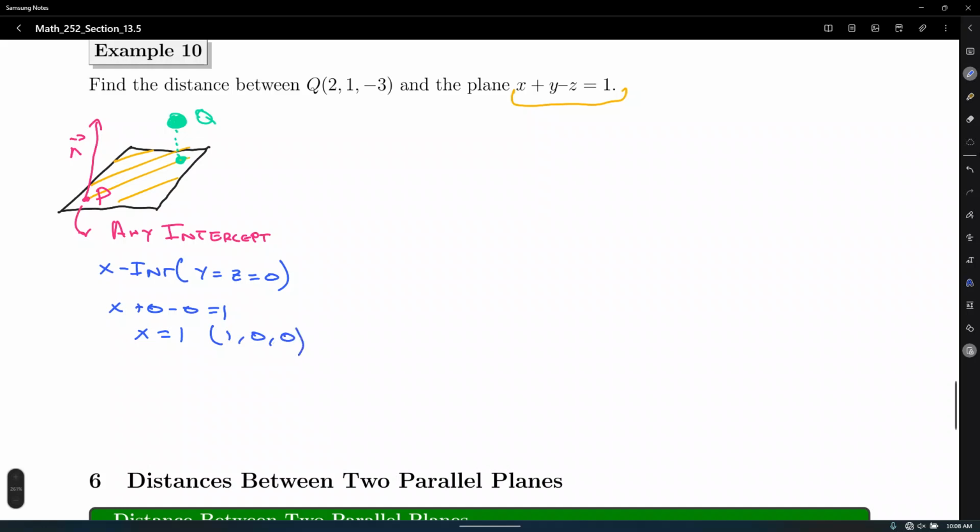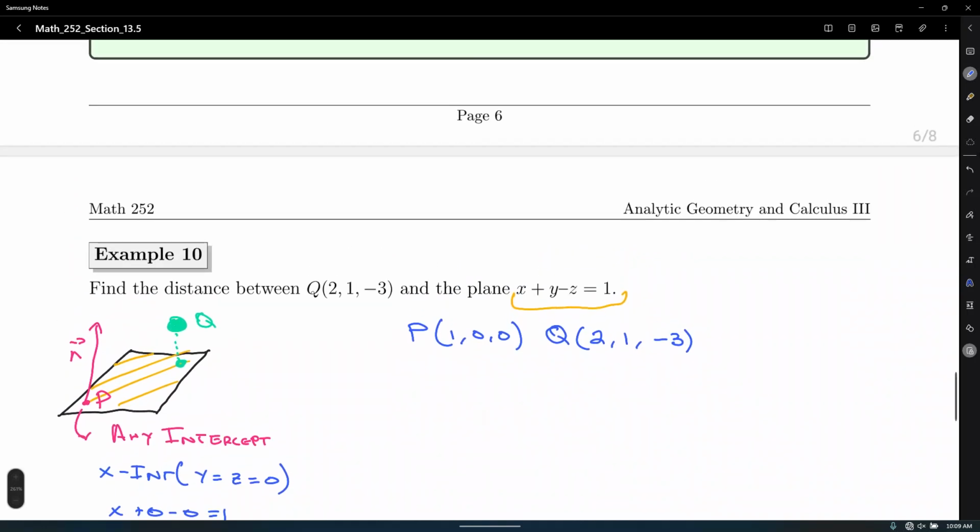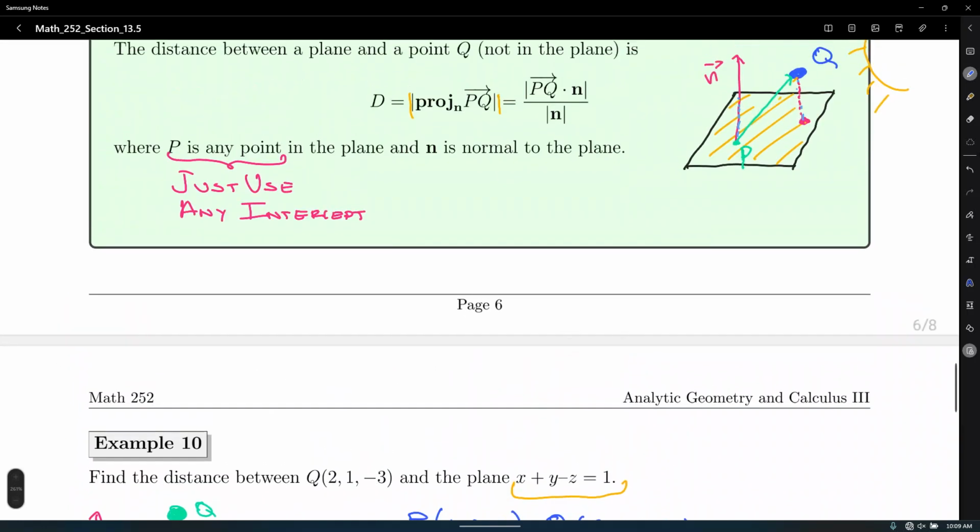Now we have all the information we need. We have the point P, (1, 0, 0), and the point Q, which is the given point, (2, 1, -3).